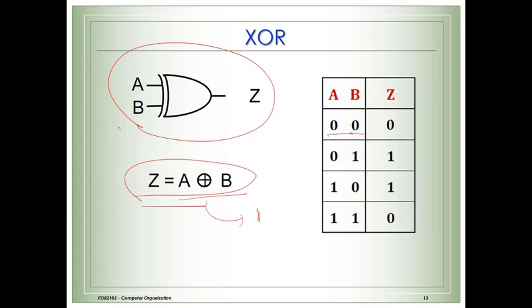Here, how many variables have the value 1? Even, because 0 is considered even. So the result is 0. How many variables are carrying the value 1? Even. So the result is 0. And here, how many variables are carrying the value 1? Odd. 1 is an odd number. Only one variable is carrying the value 1, so the result will be 1. Similar is the case here. An odd number of variables have the value 1, so the result will be 1.